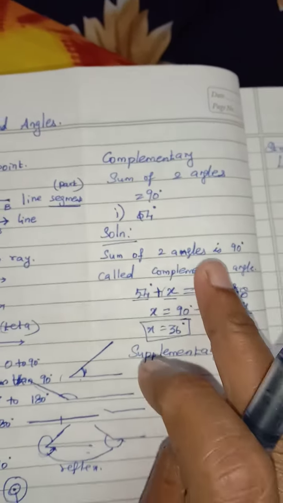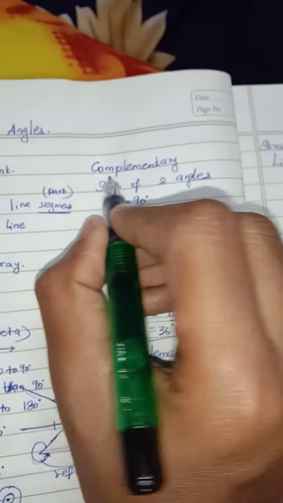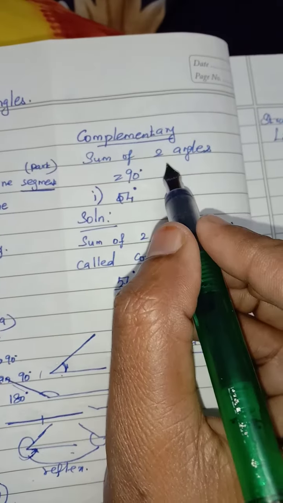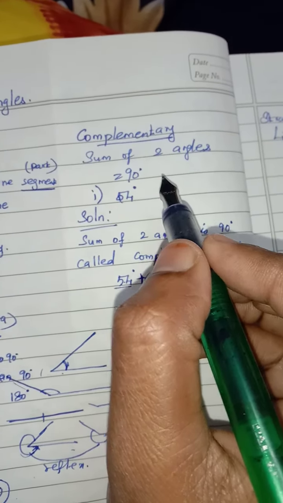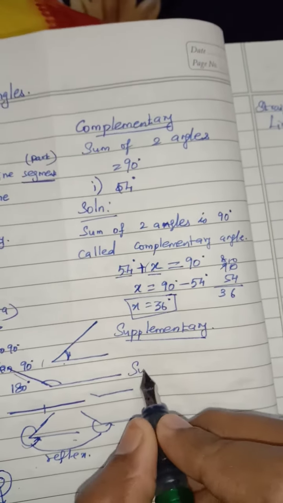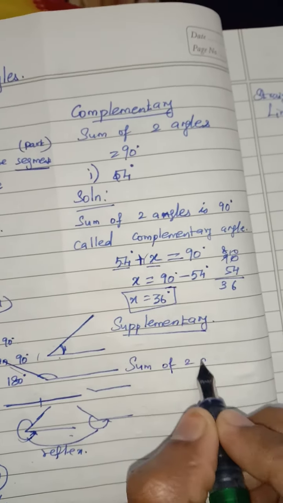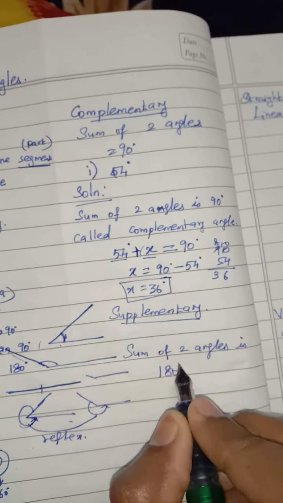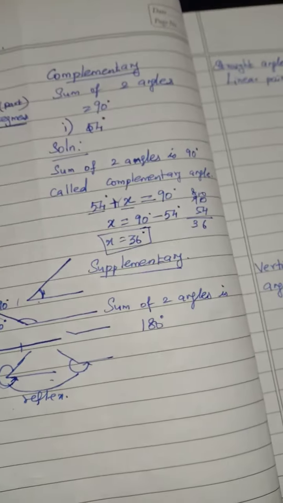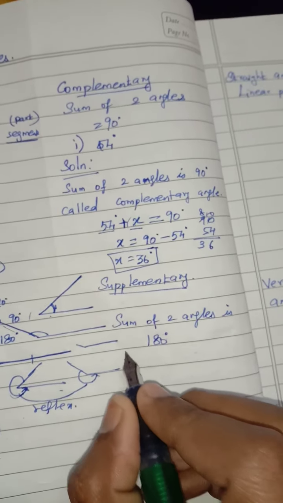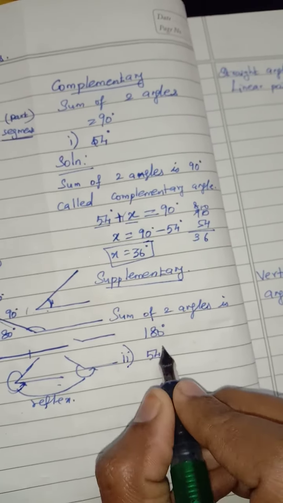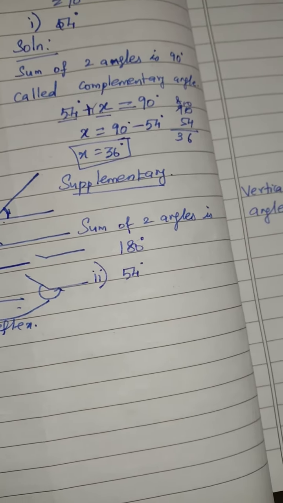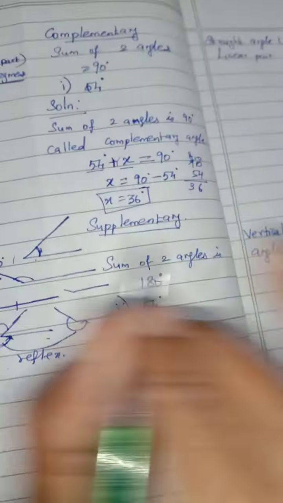Similarly, supplementary angle. As I told you earlier, the sum of two angles is 180 degrees is called supplementary. Here the sum of two angles is 180 degrees, called supplementary angles. Okay. Same question. What is the supplement angle for 54? Same process.